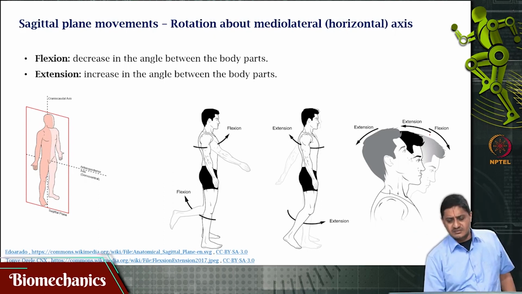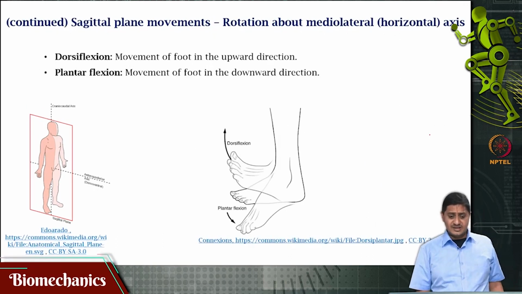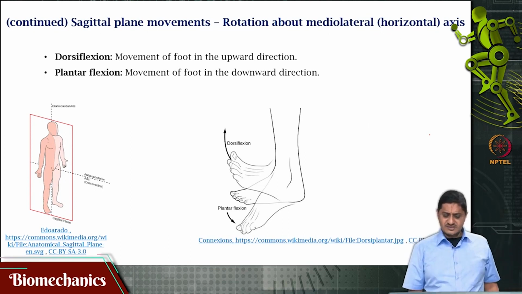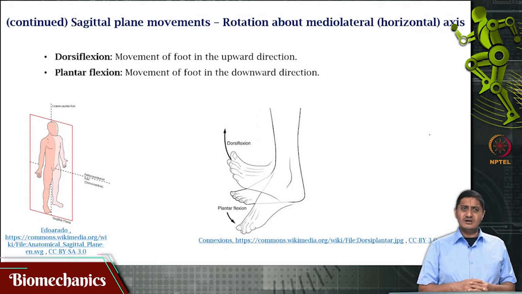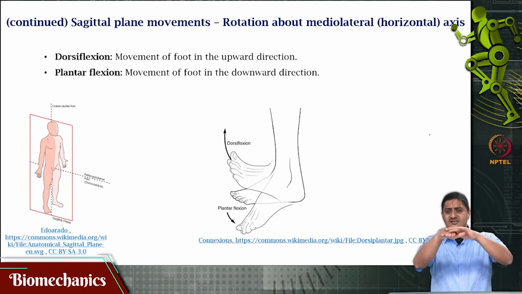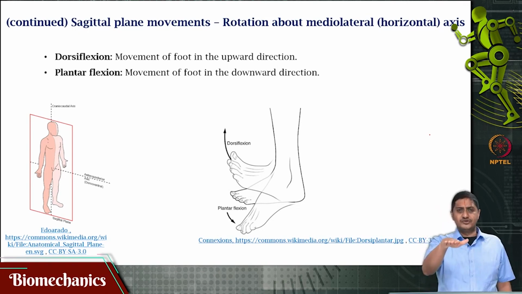What about the leg? What happens at the ankle, for example? In this case, this movement also can be called flexion and extension. Let us consider this hand to be the foot.